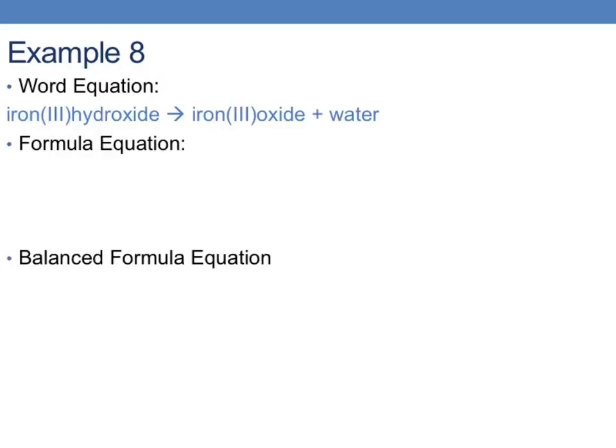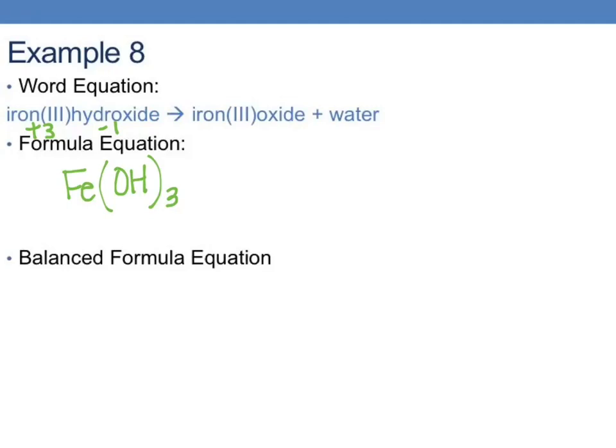Iron 3 hydroxide. What's the formula for iron 3 hydroxide? Fe is a +3. Hydroxide is OH, and it's a -1. So the ratio needs to be Fe(OH)3.